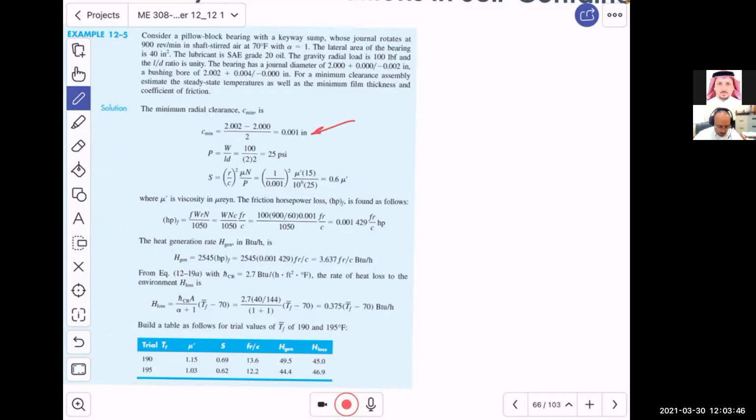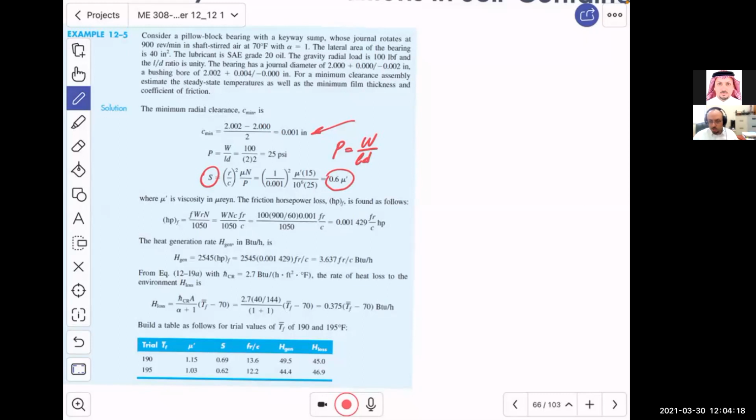And then using the equation P equals the weight divided by LD, we calculated the pressure, and by calculating the pressure, we were able to express the Sommerfeld number, the characteristic number, as a function of the viscosity, correct?